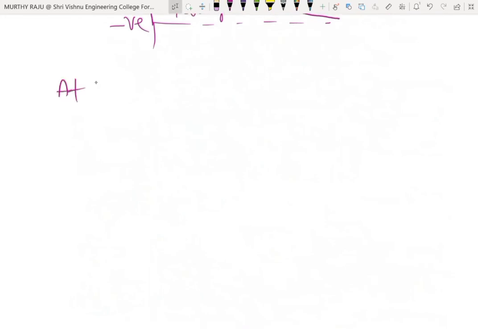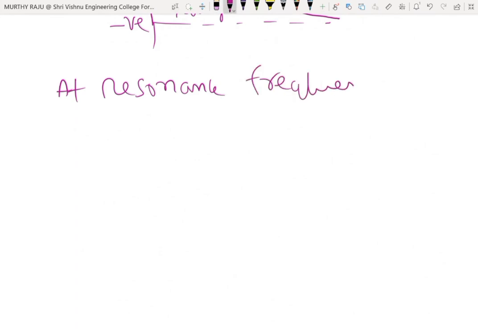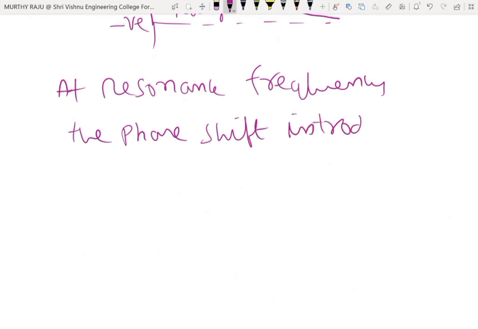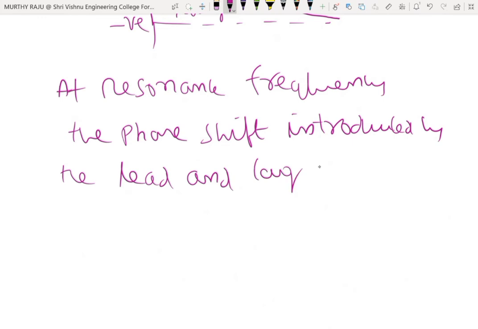At the resonance frequency, the phase shift introduced by the lead and lag network is 0.